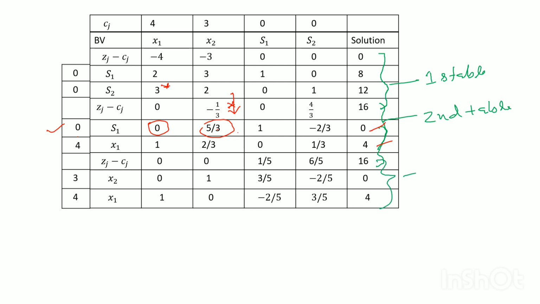Zj minus Cj is the beginning of the table. So you get the total third table, and now my answer is: the solution is 16, x2 is equal to 0, and x1 is equal to 4. So you get my answer.